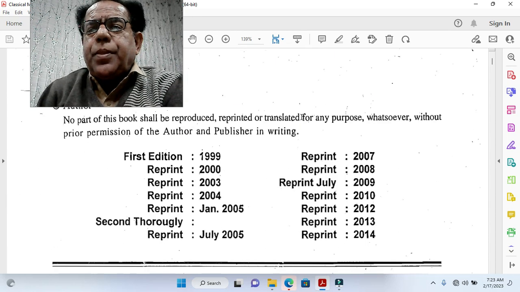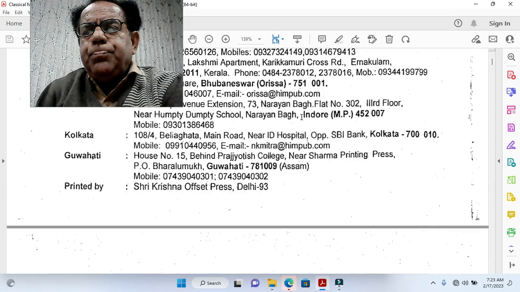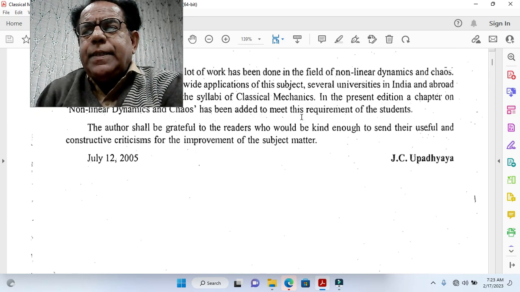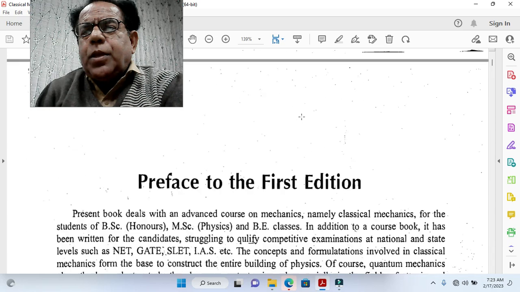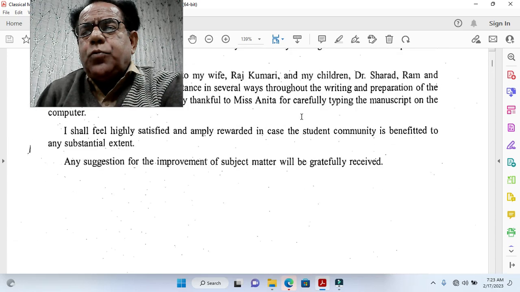The preface to the second edition was written on 12th July 2005, and then there is the preface to the first edition.